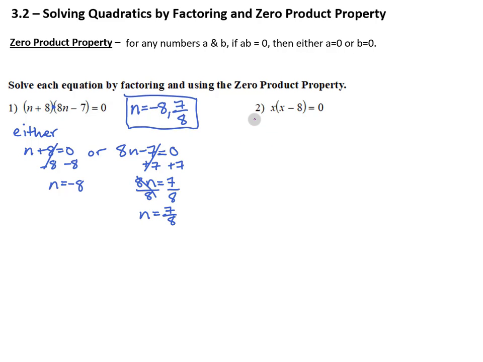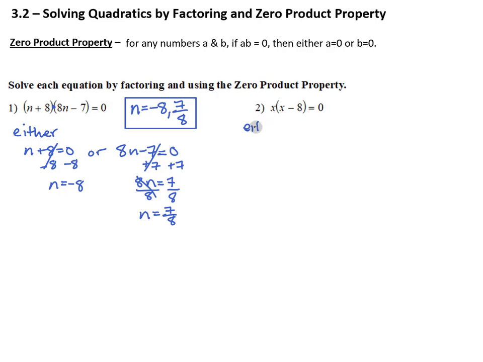Okay, number 2. We have x times the quantity x minus 8. In this case, again, I do have two factors. One of them is just x, but it's times the quantity x minus 8. So we're going to think of those as our values of A and B, and the product is set equal to 0, which is the condition we need for the zero product property.